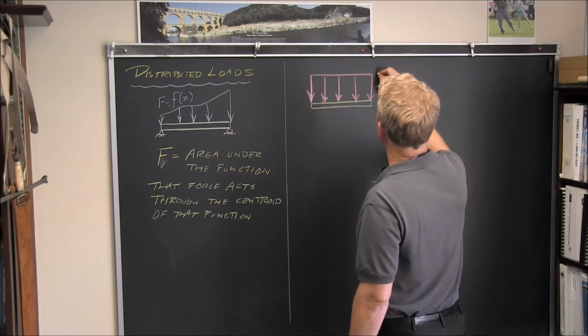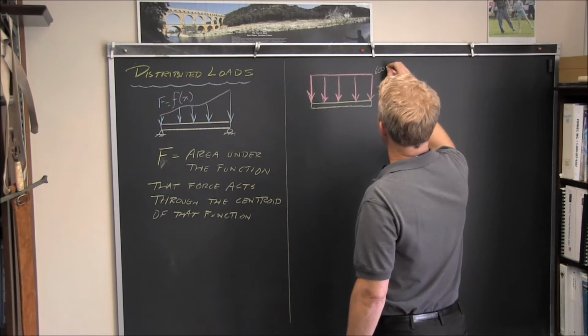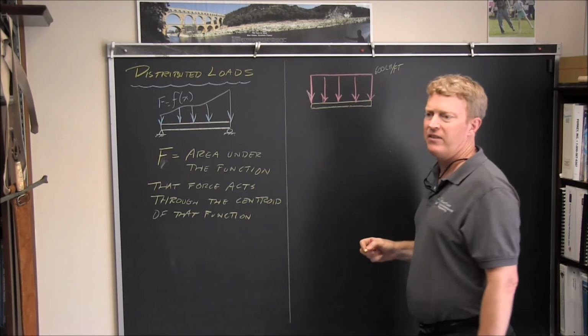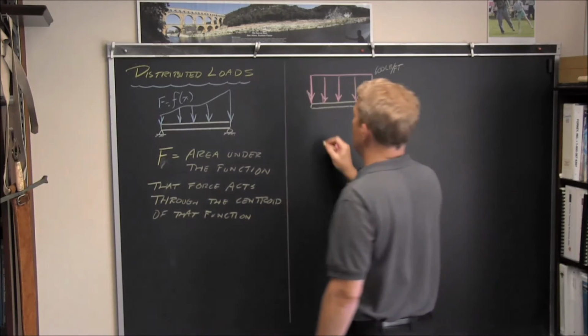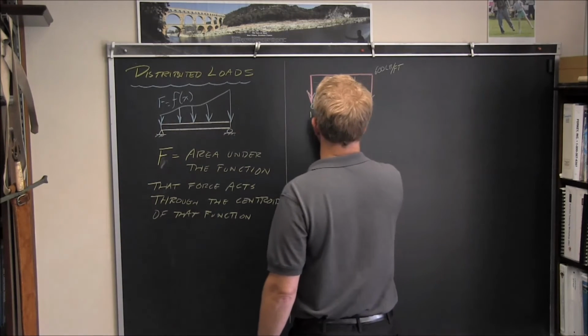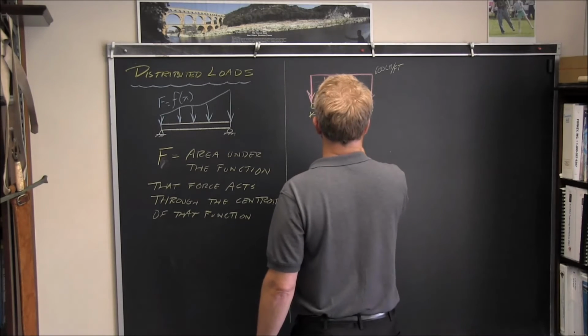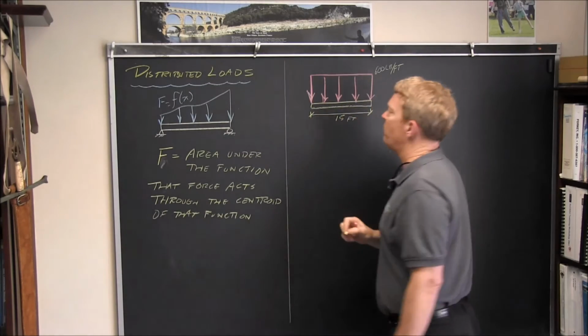So this is going to have some magnitude, right? And that magnitude might be 600 pounds per foot of length of the beam. And let's say that my beam has some length of 15 feet.